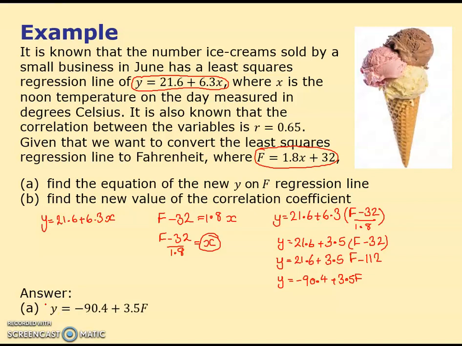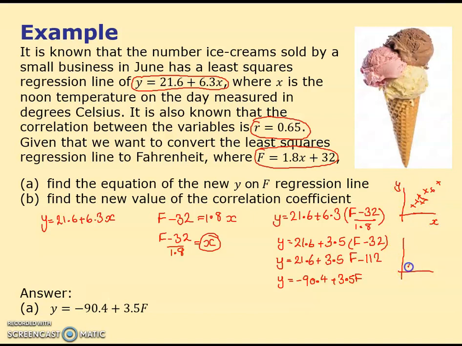Now, there's another question, actually. It says it is also known that the correlation between the variables is r equals 0.65. And I suppose what it wants us to do is find a new value of the correlation coefficient after we've made this transformation, after we've coded the data. So we've got this set of points going up into some kind of straight line, with x across here and y up here.